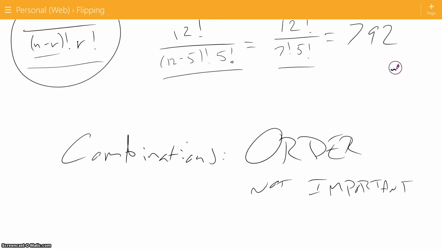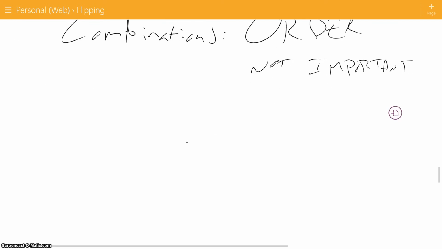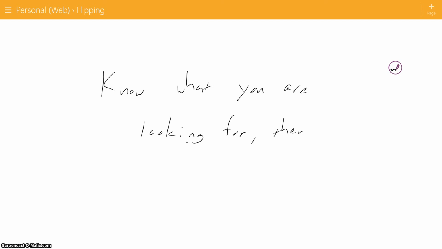The key thing when you're looking at permutations or combinations is you need to know what you're looking for. Once you know what you're looking for, what you've got, then you know what to use. If you know that order is going to be a factor, well, then you should think of a permutation.